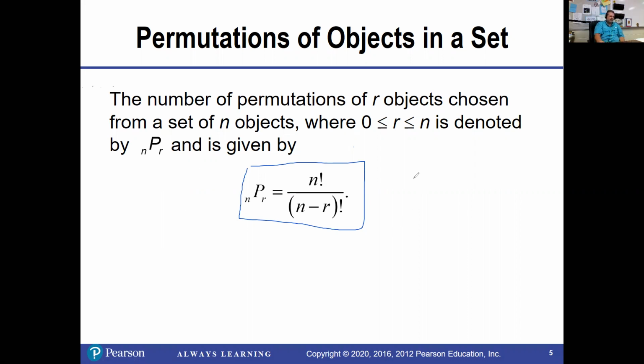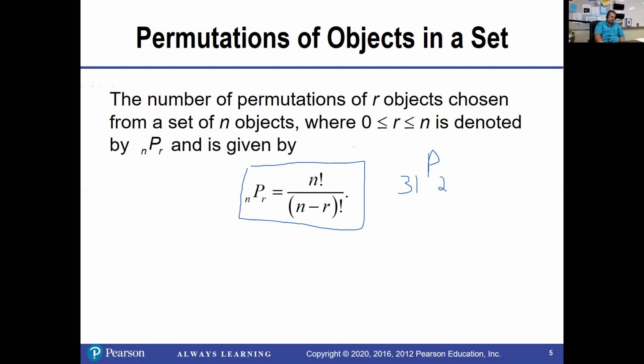So let's take those 31 ice creams again. There are 31 ice creams, and we're going to make 2 scoops of ice cream. That would be a permutation of 31 flavors, taking 2 at a time. We don't know how many different options we have.